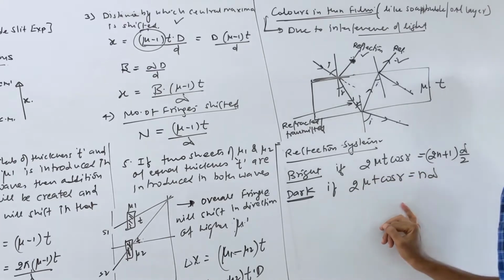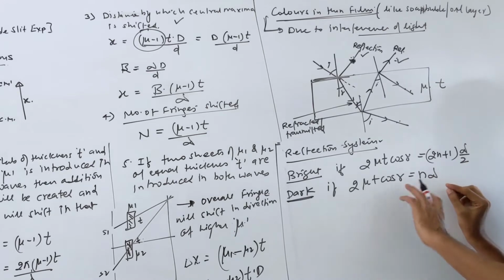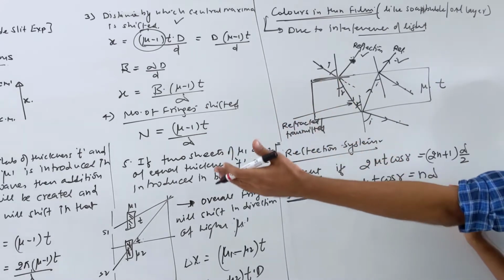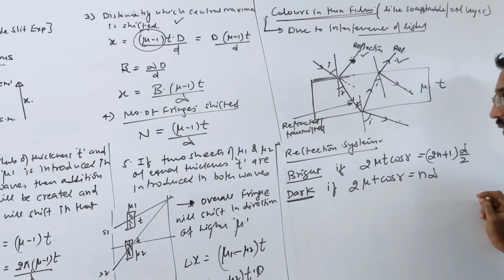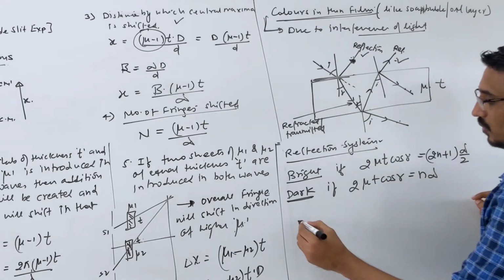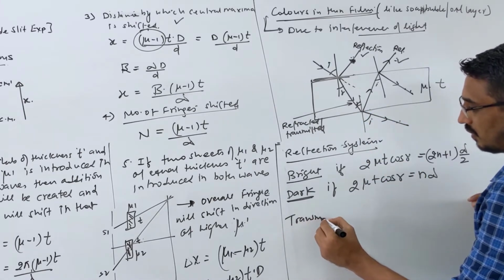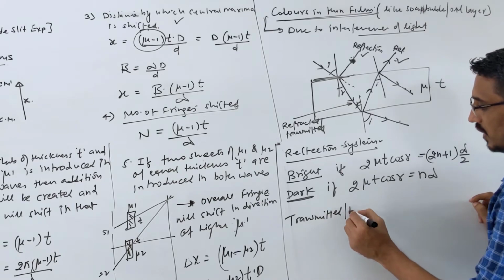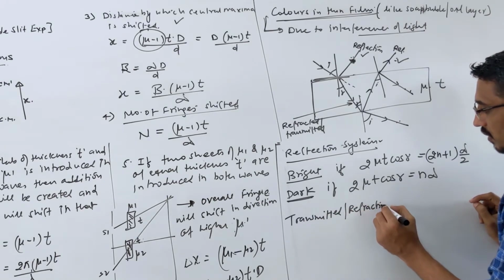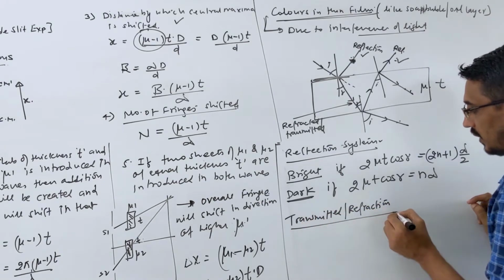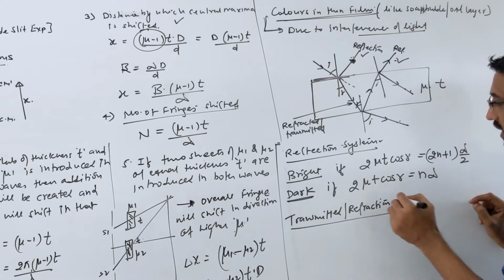This is just opposite to the general rule we learned recently, so be careful here if you want to remember this. Then this system you call the transmitted system, or you say refracted. For this system it is just opposite of these two.